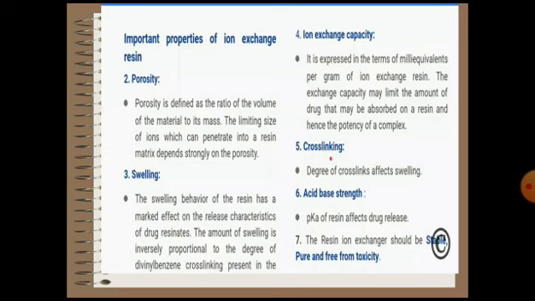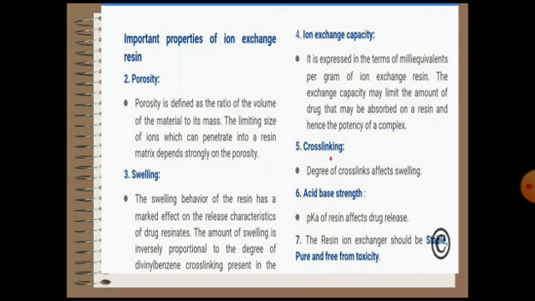Next, ion exchange capacity. It is expressed in terms of milliequivalents per gram of ion exchange resin. The exchange capacity may limit the amount of drug that may be absorbed on a resin, and hence the potency of a complex.